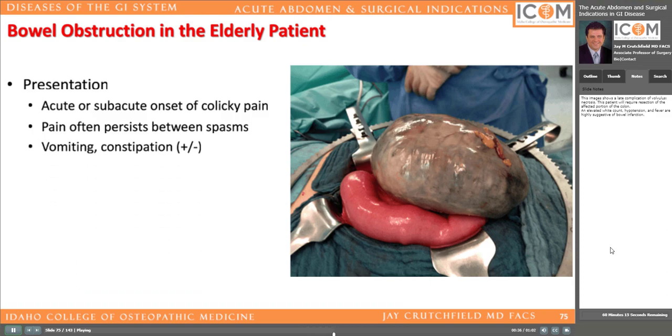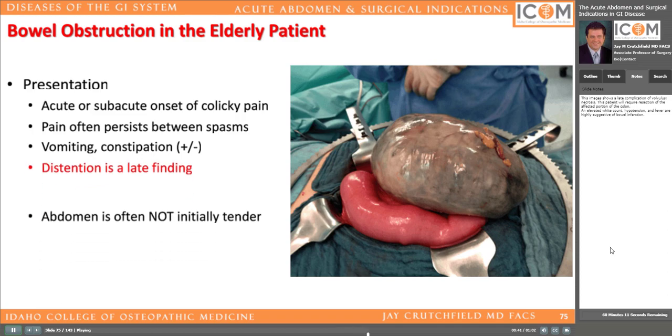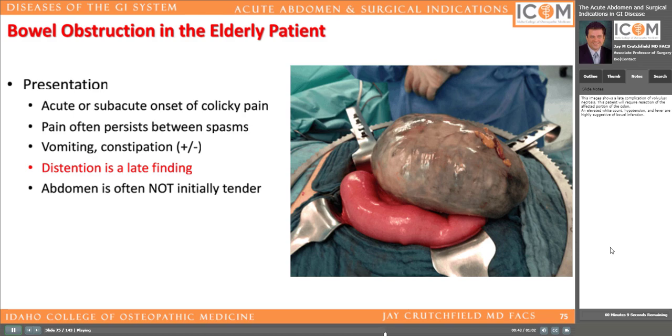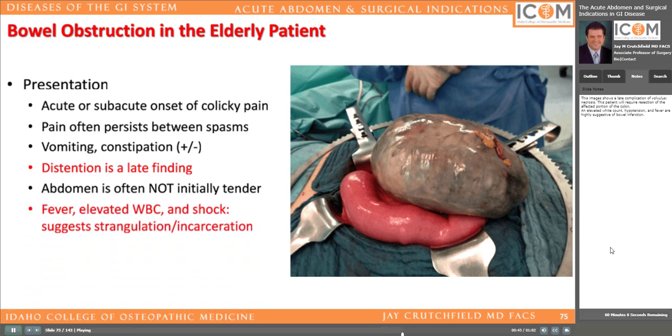Abdominal distension can be a late finding, and the abdomen is often not initially tender. But as we mentioned, elevated white count, fever, and possibly septic shock suggest strangulation or incarceration. These patients will require fluid resuscitation to replace any intravenous fluids which have third spaced into the bowel, and probably preoperative antibiotics.